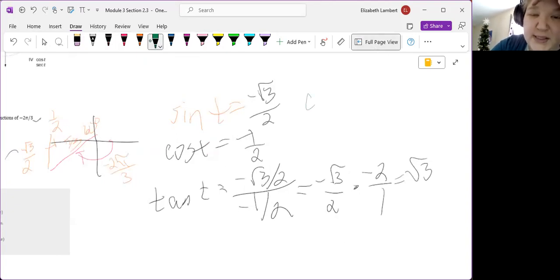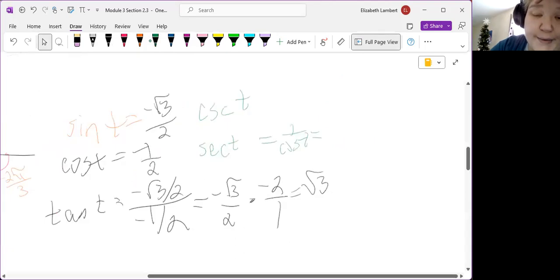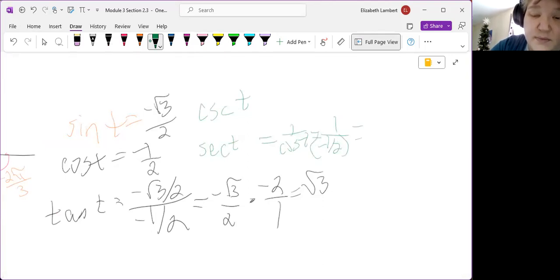All right, let's get back to our cosecant and our secant. Since cosine's negative 1/2, one over the cosine is just the reciprocal, so that's going to be negative 2.